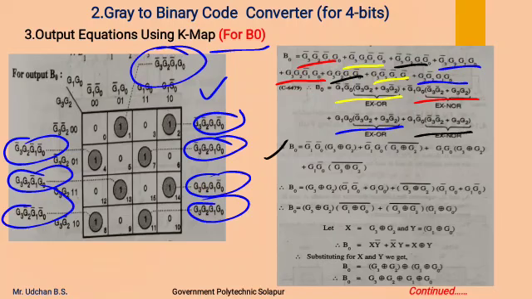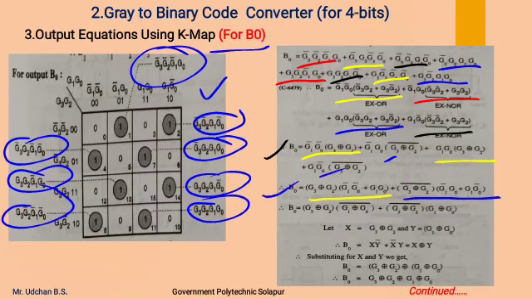Now here, from this and from this, G3 XOR G2 is taken common, we will get the term like this. After that from this and from this G3 XOR G2 taken common, we will get the equation like this.